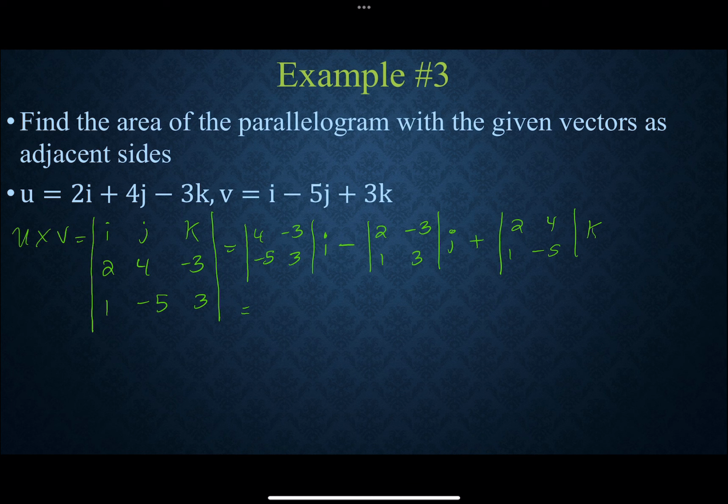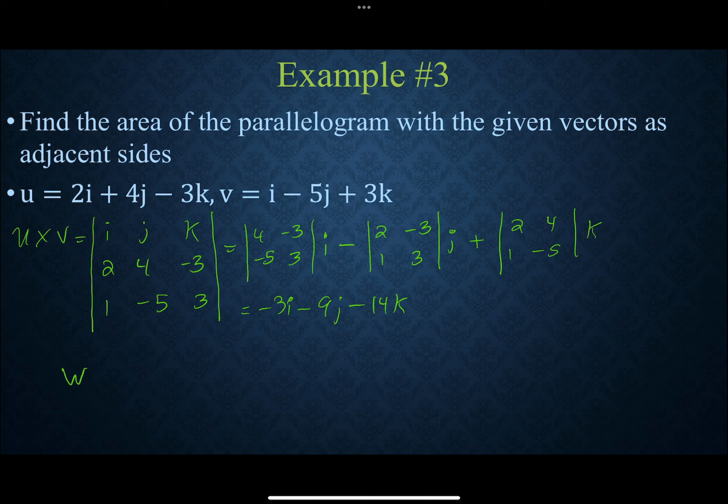I'm not going to write out each determinant again. You should hopefully be getting more comfortable with the 2x2 determinants. So you should be getting negative 3i, and then negative 9j, and then negative 14k.